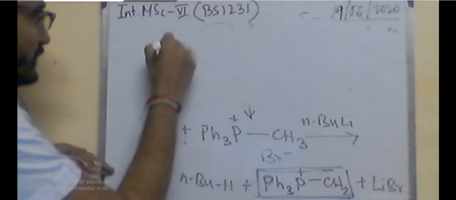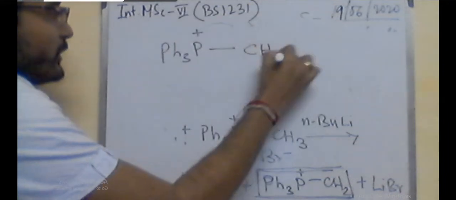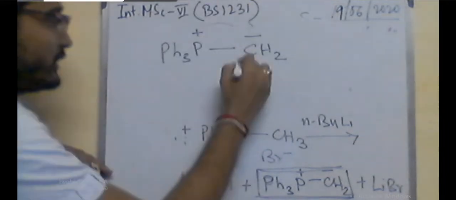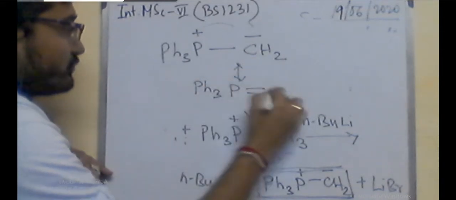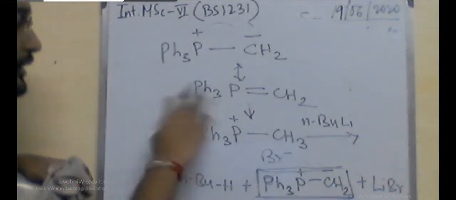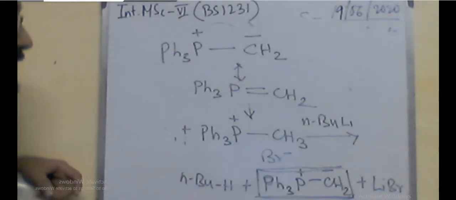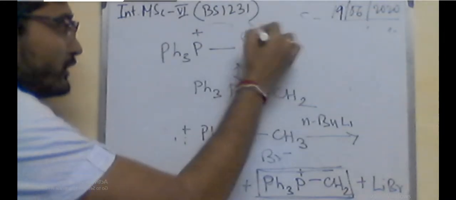As you know, phosphorus is pentavalent, so you can write the resonance structure this way. This is the charge distribution, and during the reaction this portion will act as a nucleophile.